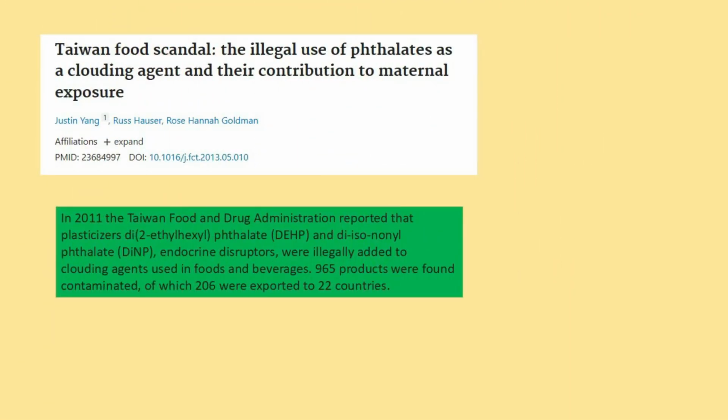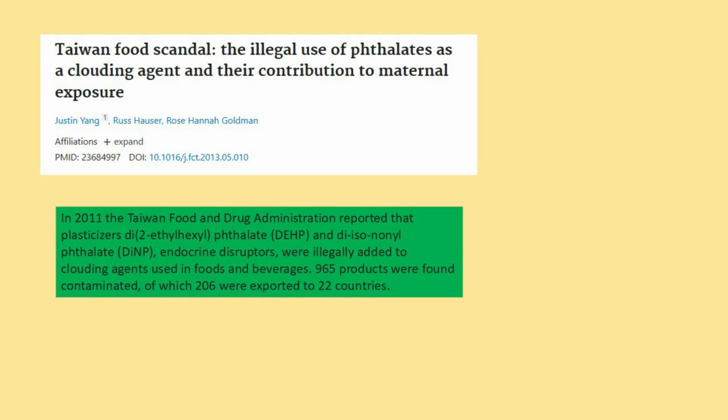You may wonder, what about your country? What about maybe Taiwan, right? There was a Taiwan food scandal in 2011, when the Food and Drug Administration of Taiwan found that they used DEHP, or di-2-ethylhexyl phthalate, and also diisononyl phthalate, DINP, as clouding agents. What are clouding agents?